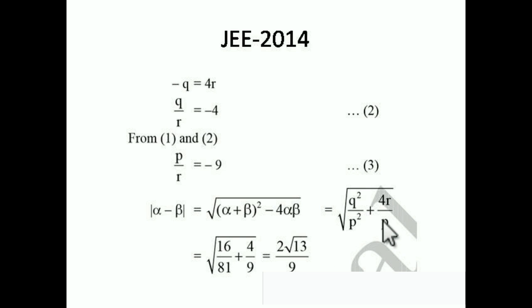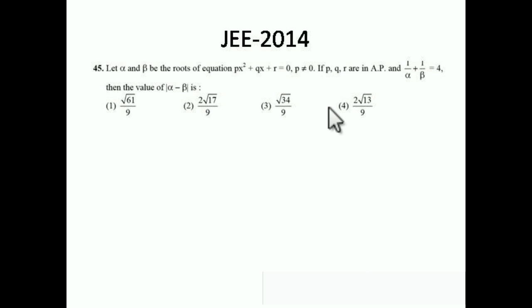And here minus 4r by p is minus 4 by 9, so minus multiplied by minus gives plus. We just have to simplify this. Take LCM as 81. So it's 16 plus, here multiplying by 9, 36, and the answer is 2 root 13 by 9. Very simple thing. So option number 4 is the right option, 2 root 13 by 9.